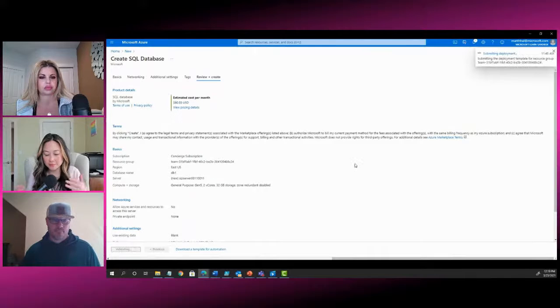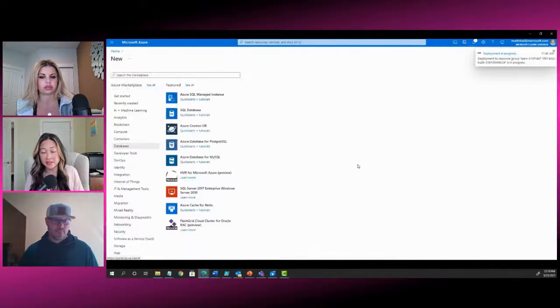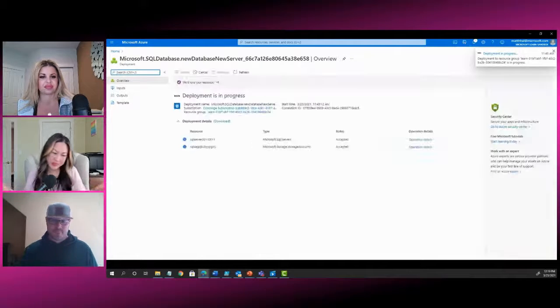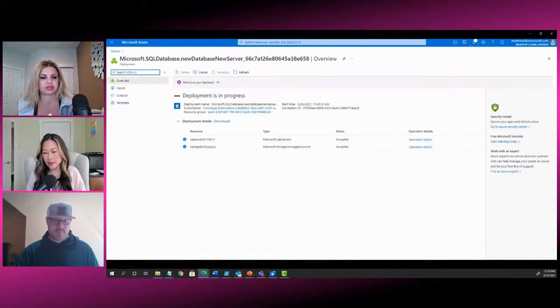Because in my previous life, we had SQL clusters everywhere. We'd have like 3 or 4 of them. And so for the applications team, we would just create SQL instances for them. And sometimes we would give them a separate database, but we never gave them access to the cluster, obviously.